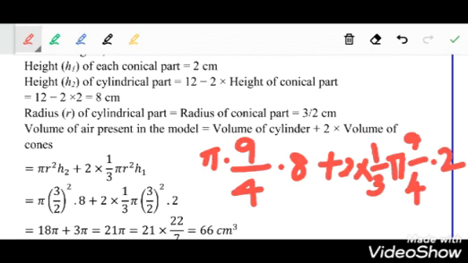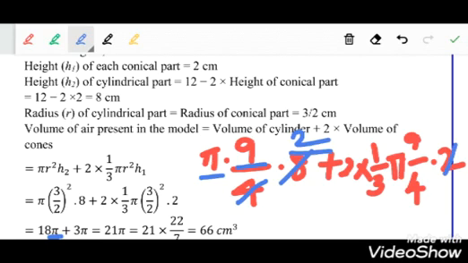So this is the value. So now you need to cancel. 1 4 is 4, 2 4s are 8. So now you need to multiply pi into 9 into 2, you get 18 pi.